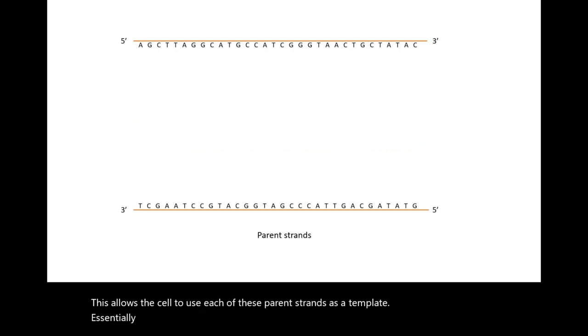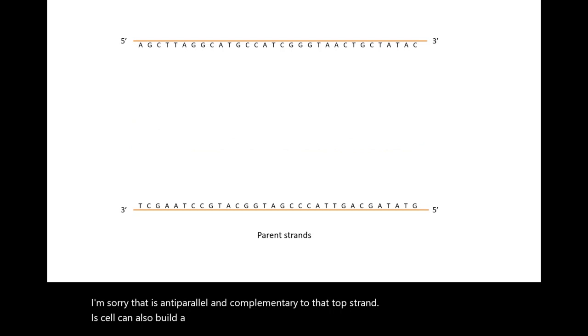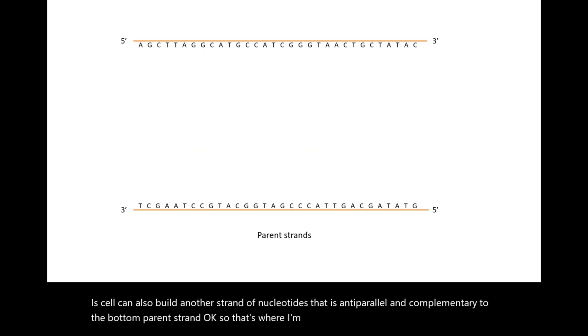Essentially, we can build a new strand of nucleotides that is anti-parallel and complementary to that top strand. The cell can also build another strand of nucleotides that is anti-parallel and complementary to the bottom parent strand. Okay, so that's what I'm going to show you next.